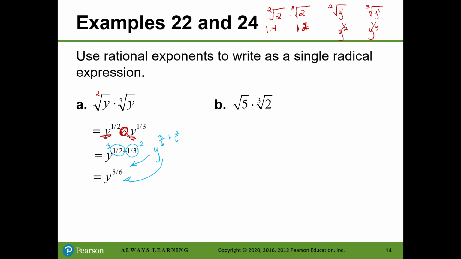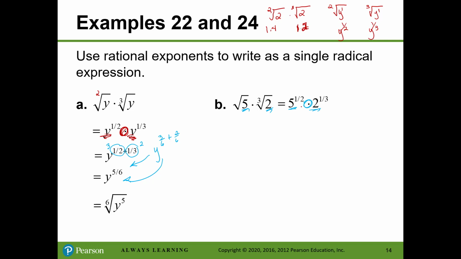Letter B is kind of interesting to look at, but we're going to tackle it the same way. Even though the 5 and the 2 don't have the same base, I can actually still deal with this problem. I'm going to do the same thing. I'm going to rewrite that 5 is to the 1/2 and 2 is to the 1/3 power. Now, if these bases were the same, and since we were multiplying, we would try to add the exponents, wouldn't we?